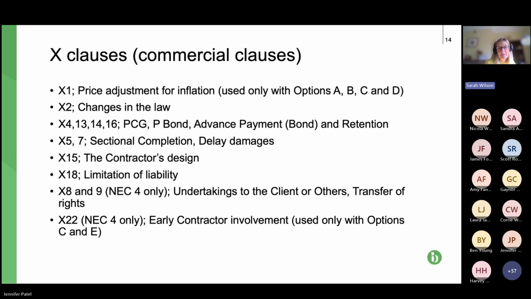If there's no design, then X15 isn't required. If the contractor has a design responsibility of any sort, even if they are going to subcontract it to subcontractors or their own consultants, this clause X15 needs to be included because ultimately the buck stops with the contractor in any claim made by the client.